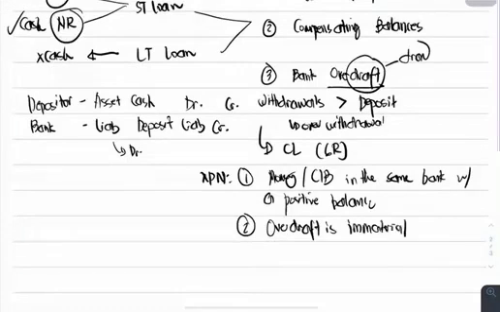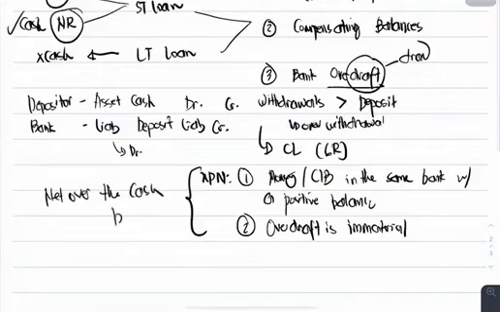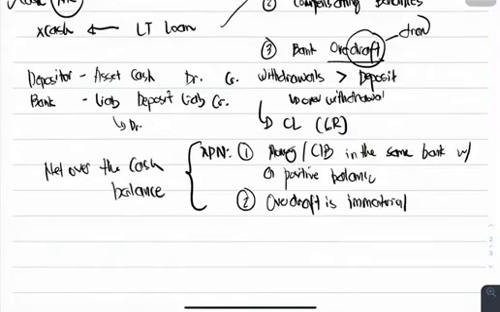So what happens here if we have these exceptions? If the exceptions are present, you will net it over the cash balance. Okay. So bank overdraft, general rule, you present it as part of your current liability.